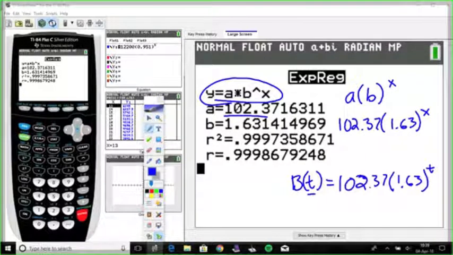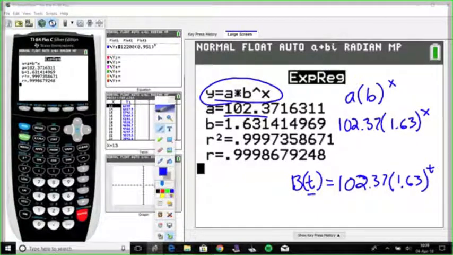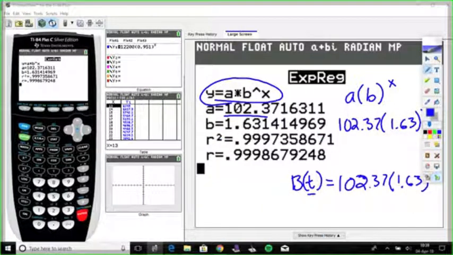And now part B says how many bacteria can the scientists expect to have after 2 weeks. What we're going to do is just take this function and plug in a number, essentially. So let me write the function down first so that I have it. All right. So we can go back to our y equals. Let me get rid of this first.